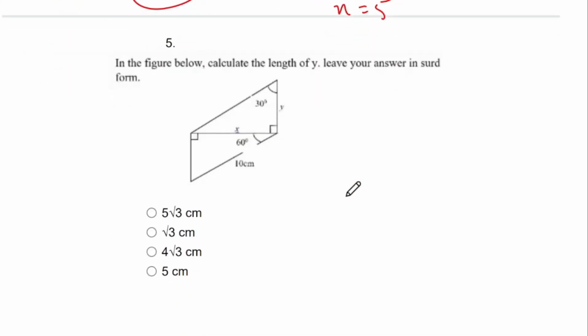Move to question 5. Find the value of y here. Having known the value of x, it will be easier for us to find the value of y. So this is 5 now. This is opposite, hypotenuse, and adjacent. Sorry, this is not opposite.